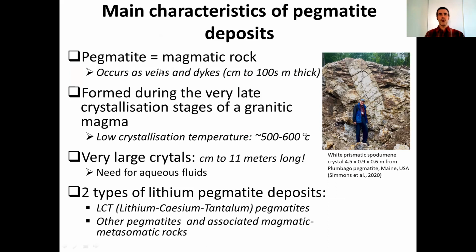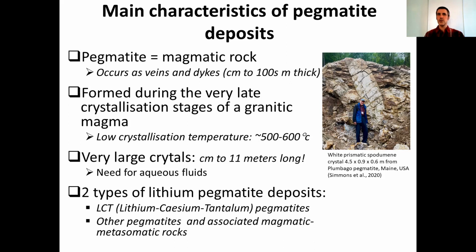They occur as veins and dikes between centimeters to several hundred meters thick, and they are formed during the very late stage of crystallization of a granitic magma, and that happens at quite low crystallization temperature, between 500 and 600 degrees. If we compare with the crystallization temperature of granite, it's about 900 degrees.